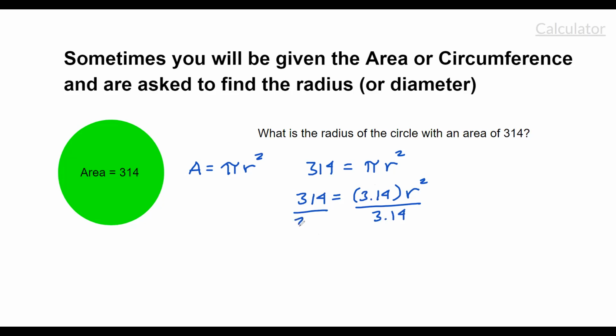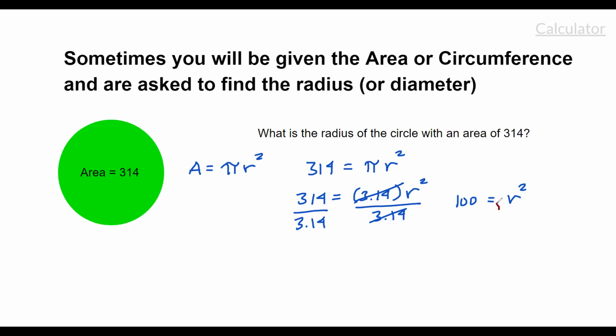This is why these are the most difficult of these kind of problems, because we have to use algebra to solve for r. This will give us 100 on the left-hand side is equal to r squared. Now, we don't want to know r squared. This is a little bit like the Pythagorean theorem problems. We don't want to know r squared. We want to know r.